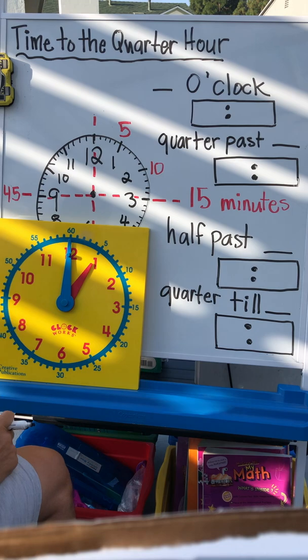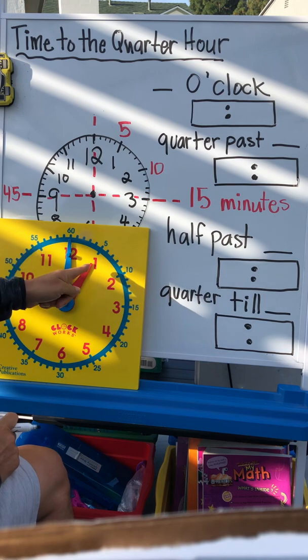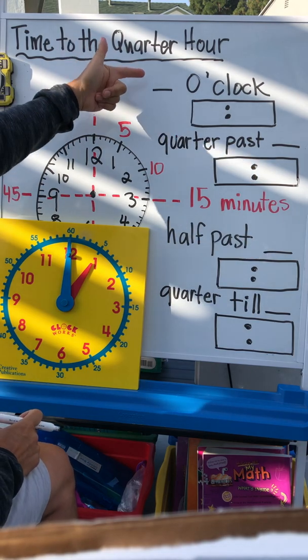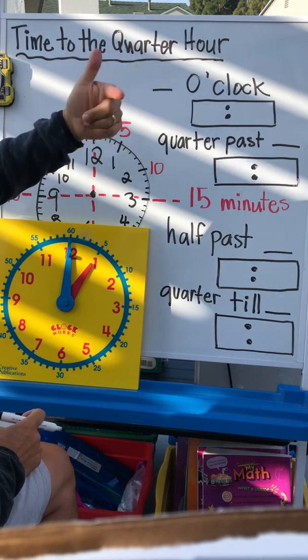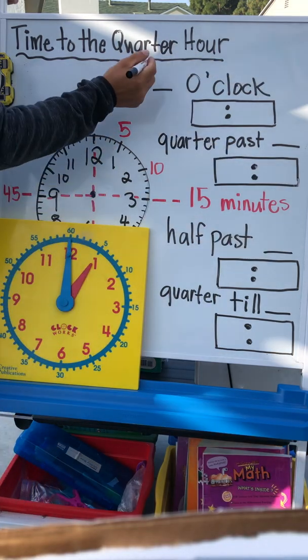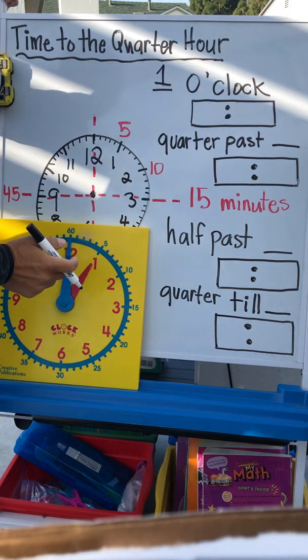So remember, when we tell time, we look at the hour hand first, and the hour hand always points to that number. So that number is a 1, and the minute is right at the top. So we just say, what o'clock is it? Well, it's 1 o'clock, so I'm going to write 1 o'clock. So that's how we say it.